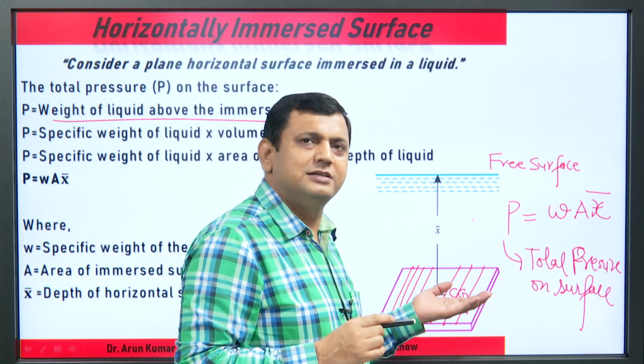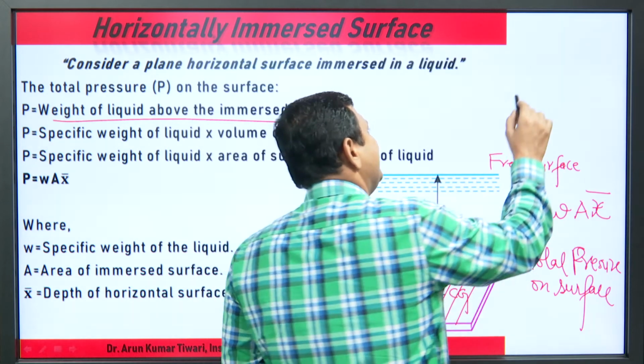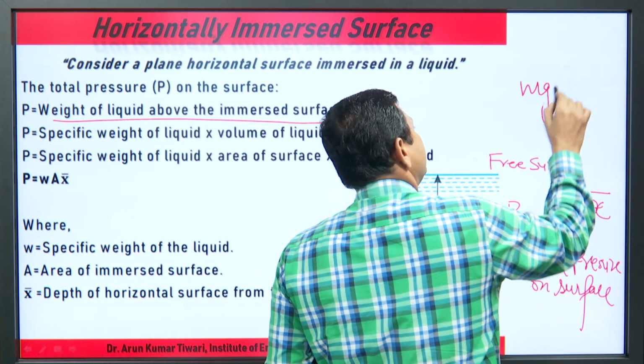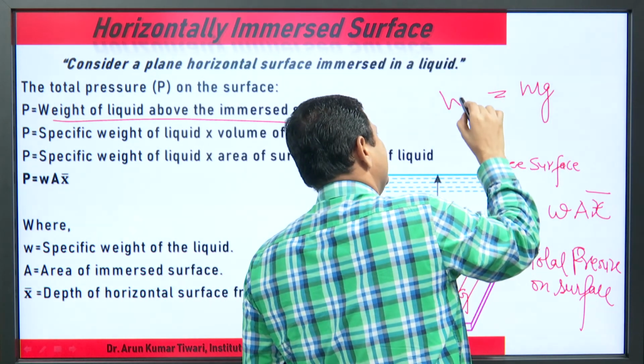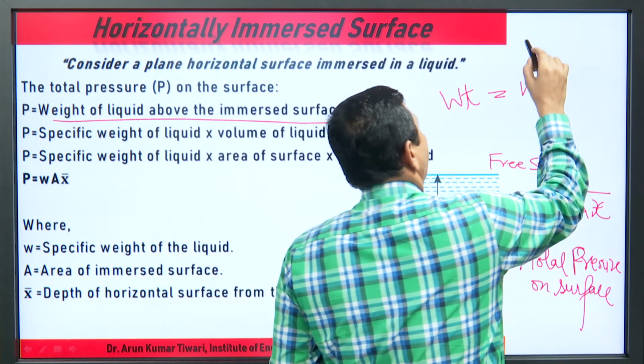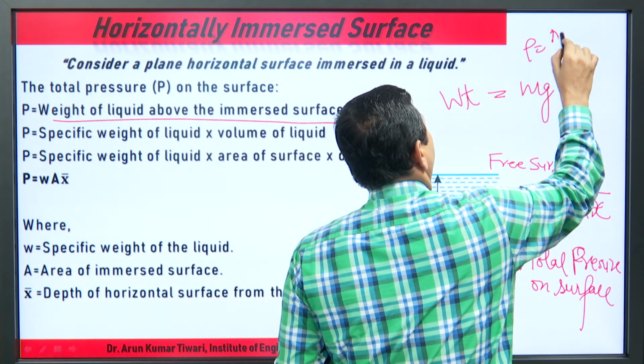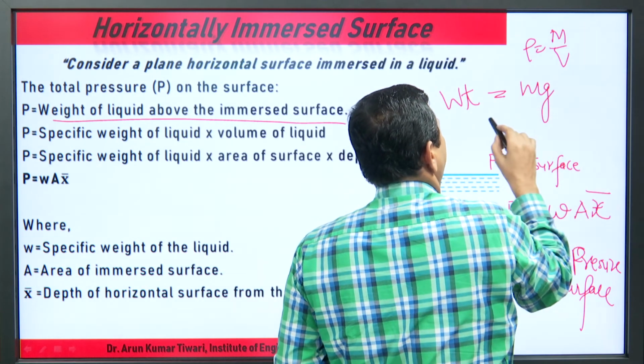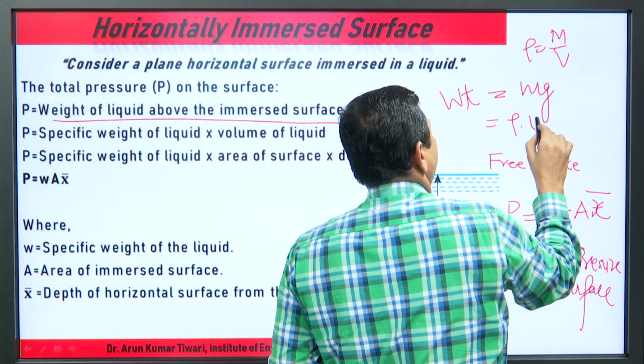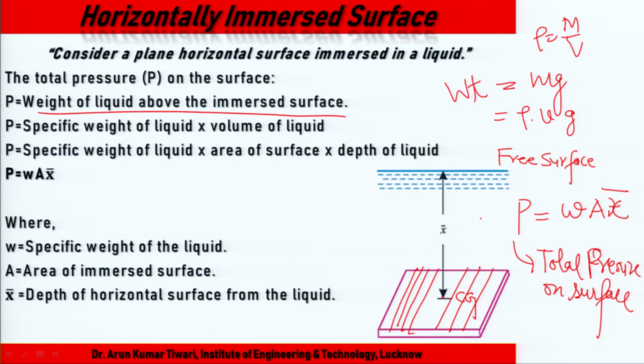What is weight? Simply, weight is mg. Density equals mass upon volume, so mass equals density into volume, and weight is density into volume into g. Combining rho and g as w, weight is w into volume, and volume means area into height, here x bar.